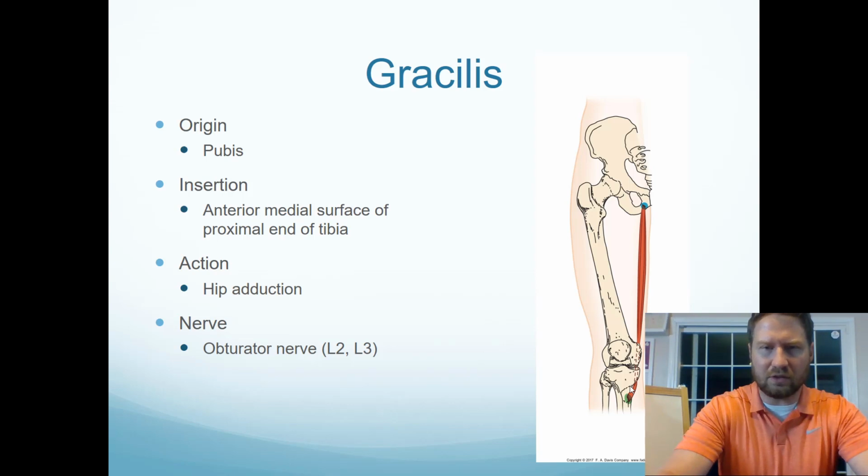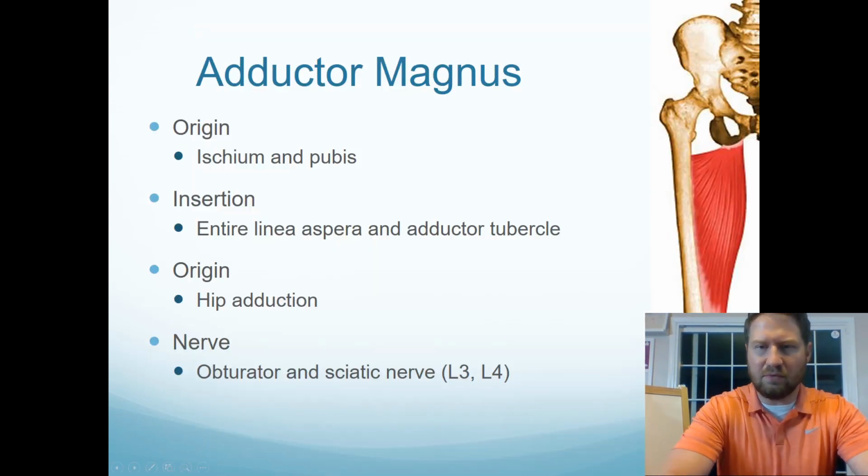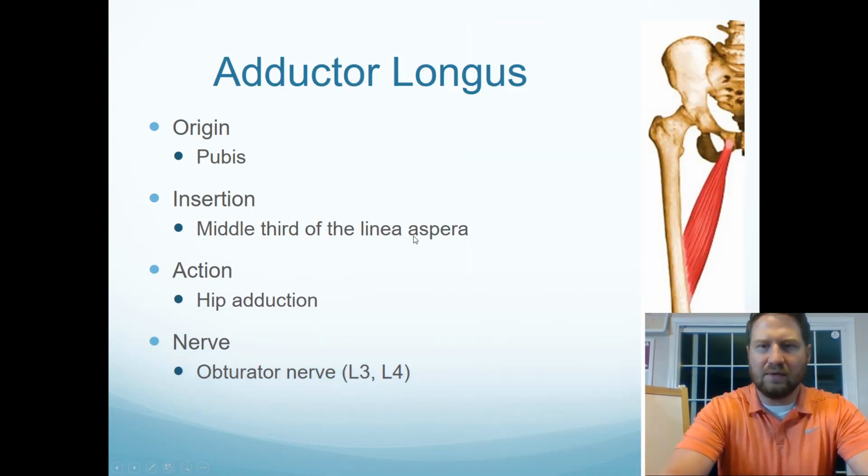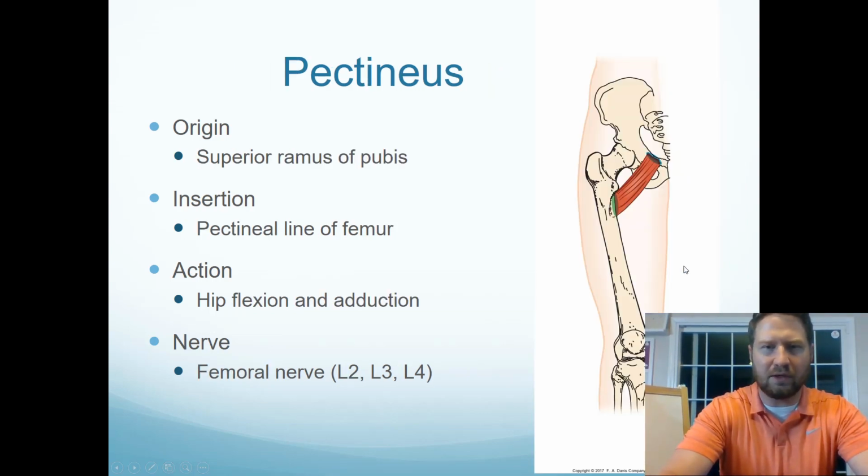Hip adductor. Next, moving on up, is going to be our adductor magnus, and you can see this portion over here as it inserts onto the adductor tubercle. It's a very big muscle. It also connects on the entire linea aspera. And then moving up closer and closer, we have our adductor longus that's going to insert on the middle third of the linea aspera.